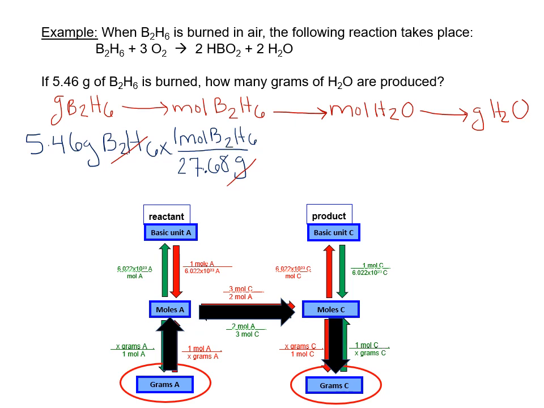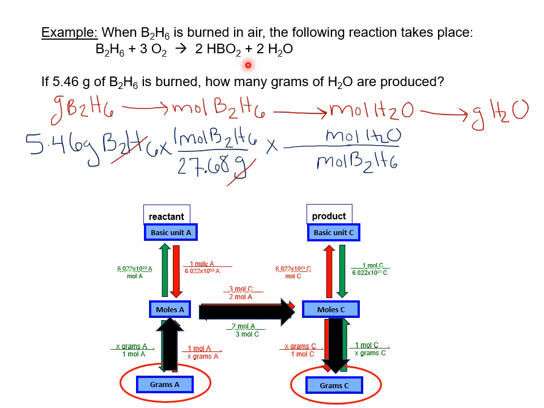Now I'm going to convert moles of B2H6, right? So now we are over here, and now we need to cross over this bridge to here. So I'm going to use the balanced equation. Moles of B2H6 goes on bottom. We're trying to get moles of H2O, so moles of H2O goes on top. To do this conversion, I use this balanced equation up here.